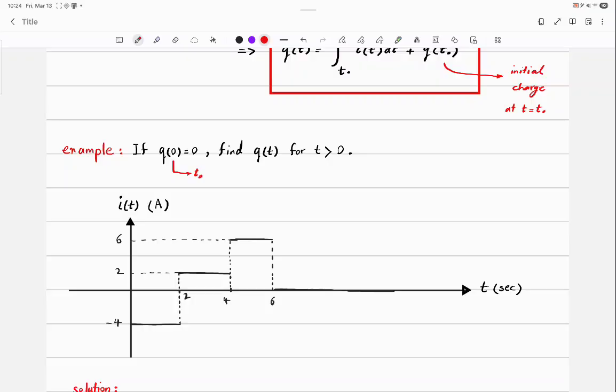So 6 dt' plus negative 4. It's equal to 6t' from 4 to t minus 4, and it's equal to 6t minus 28.